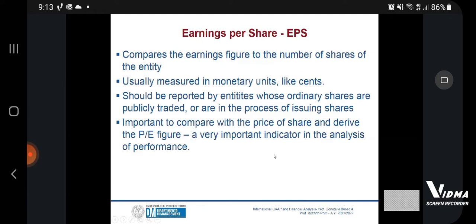What the financial analysts usually do is compare the earnings per share with the quoted price in the market. And then maybe you have previously read about or encountered in the financial statements the P/E figure, which is price to earnings.